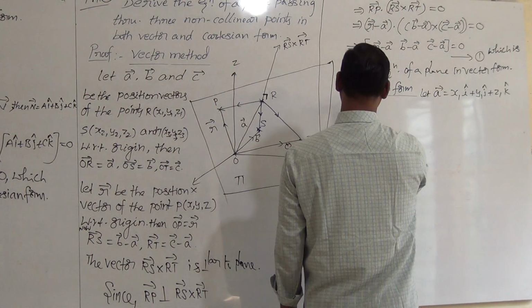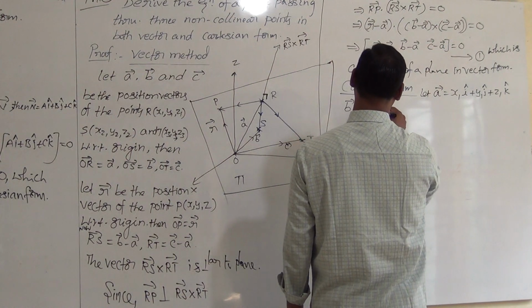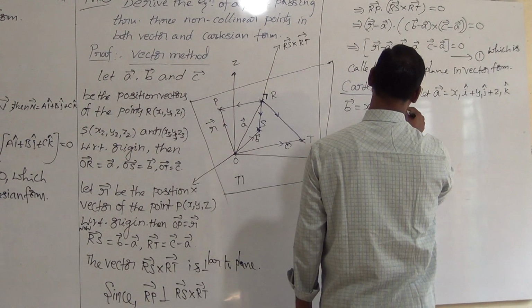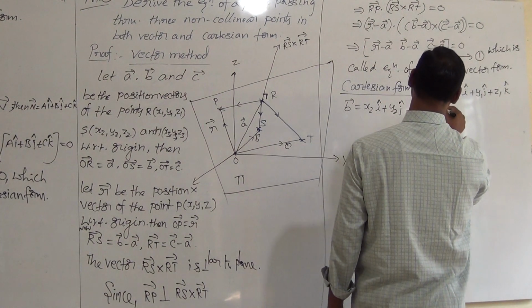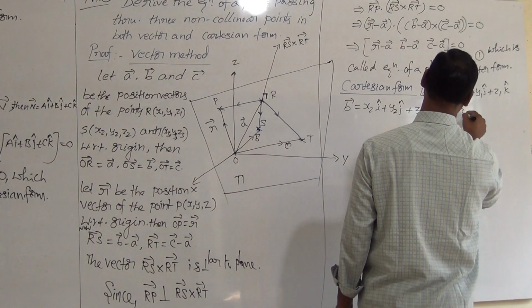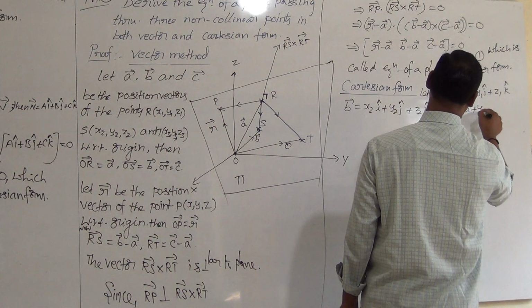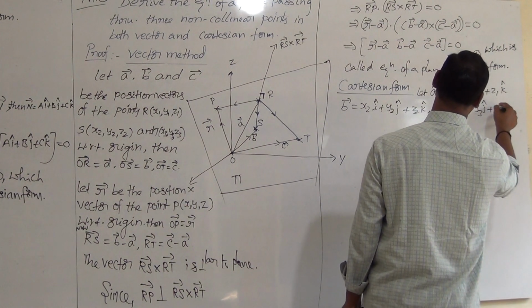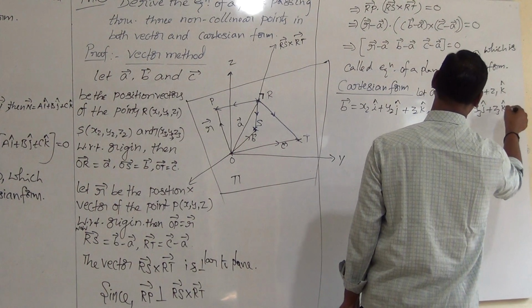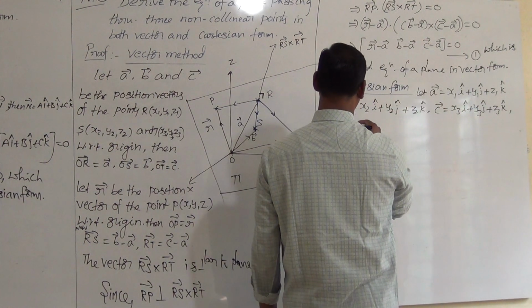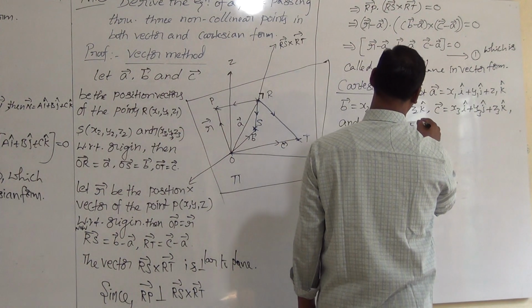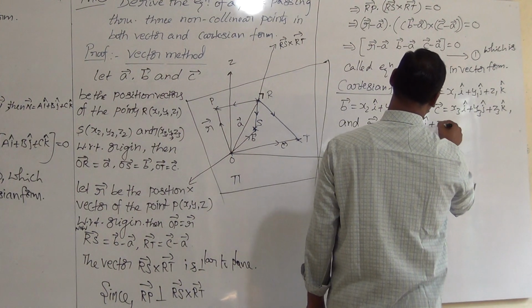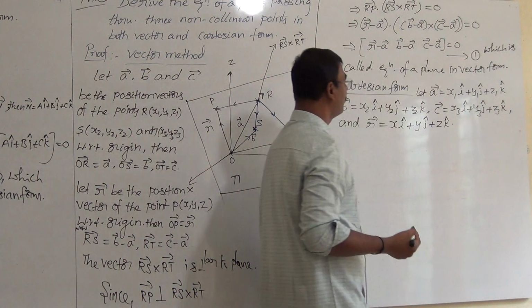Similarly, B bar is x2i plus y2j plus z2k. C bar is x3i plus y3j plus z3k, and R bar is the general vector xi plus yj plus zk.